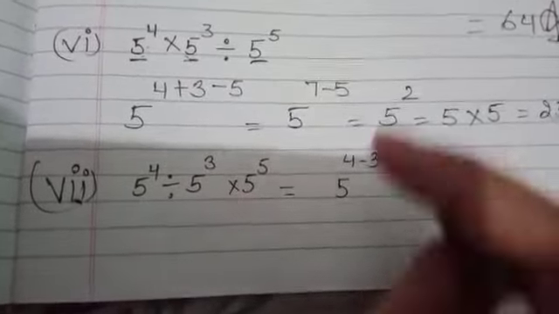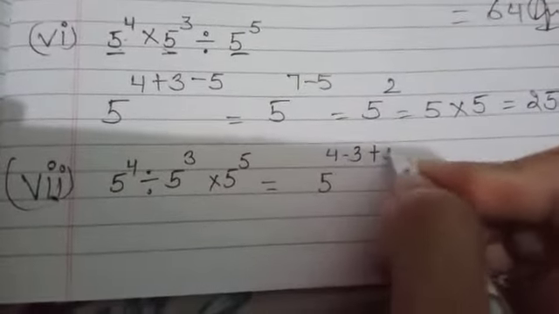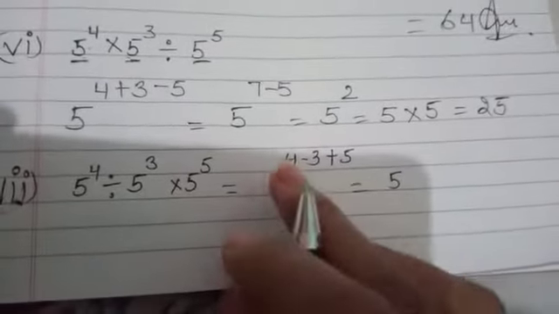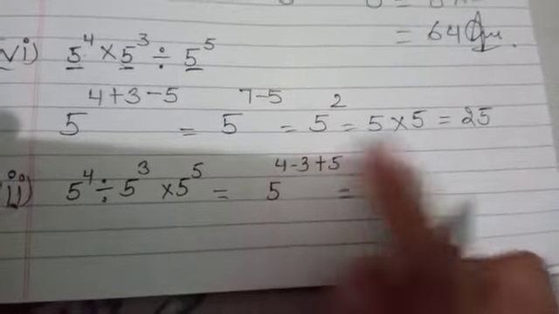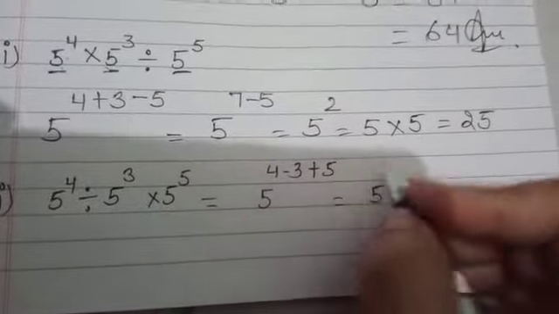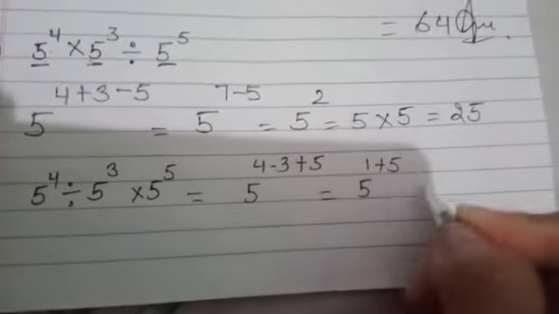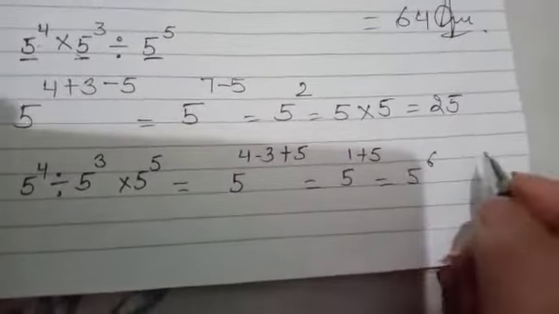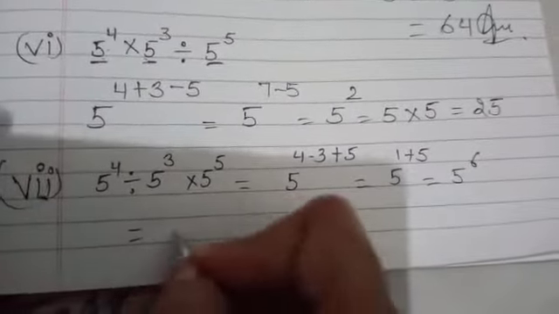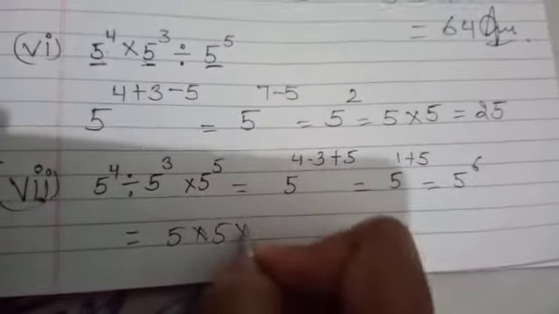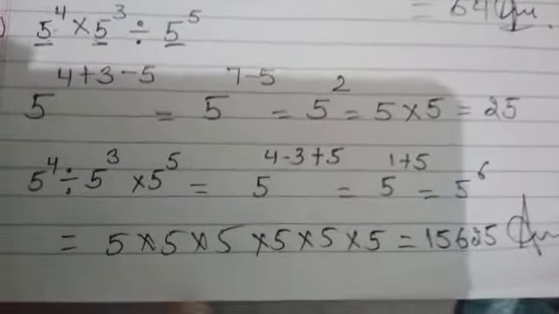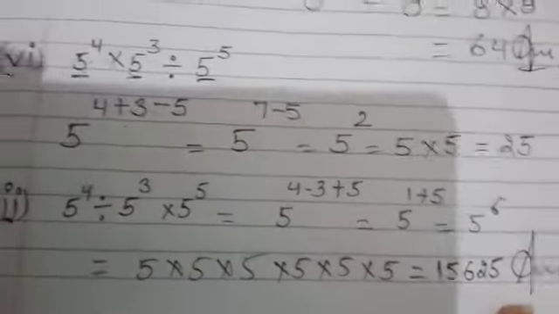It means power will add. 4 minus 3 is 1. 5 plus 1 is, do it like this, 4 minus 3 is 1. So now we will expand it. So after multiplying you will get this answer.